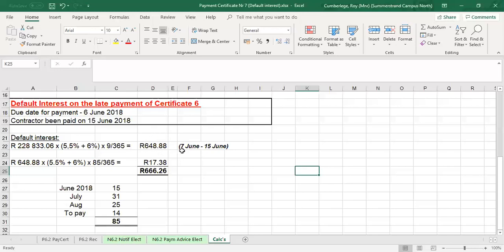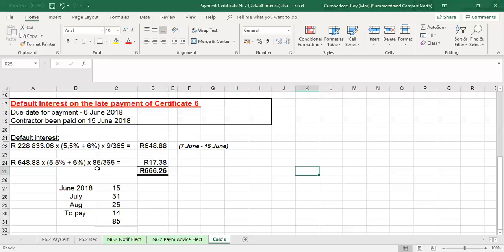And now from the 15th of June, right up till the payment due date of certificate 7 plus 14 days to pay, that adds up to 85 days. So the contractor is going to wait another 85 days to receive that 648 Rand.